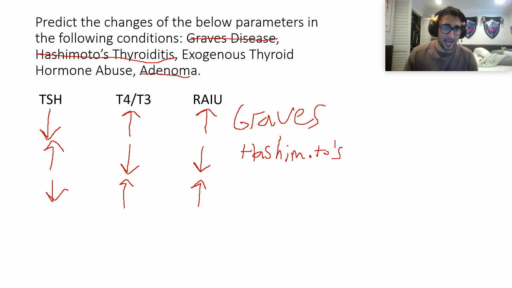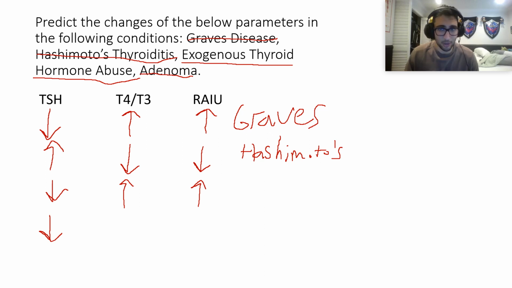All right. And finally, exogenous thyroid hormone abuse. Because it'll increase the metabolic rate, people will abuse thyroid hormone for their desired purposes. Now, your TSH is going to be really low because it's going to feed back, but your thyroid hormone could be normal or elevated.